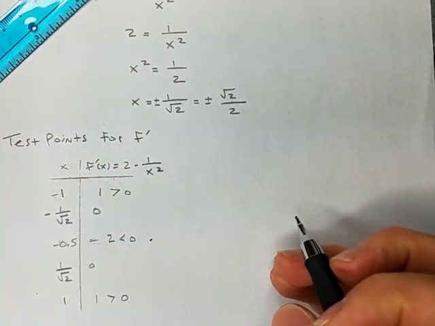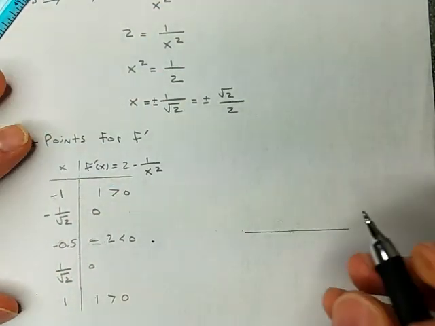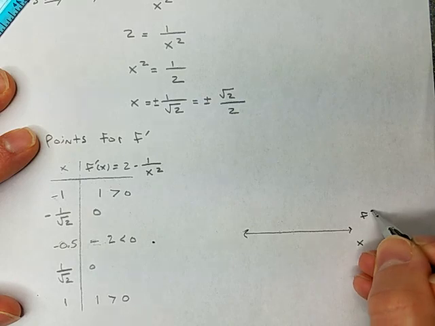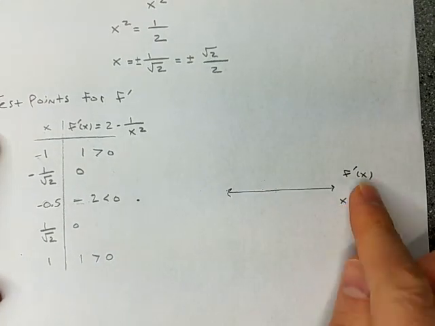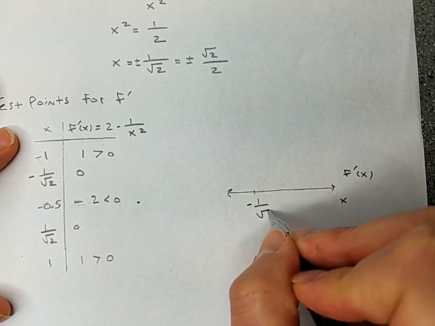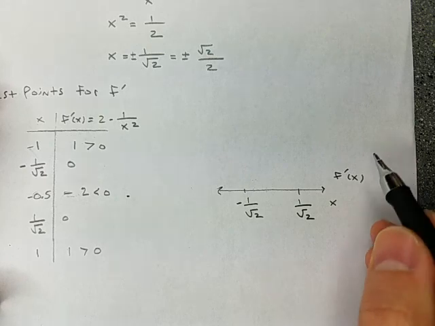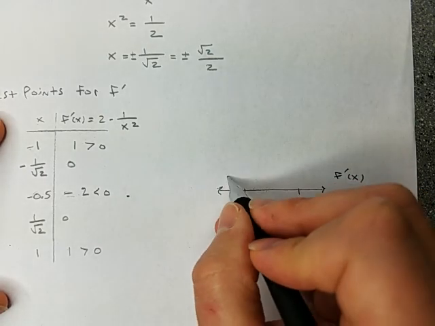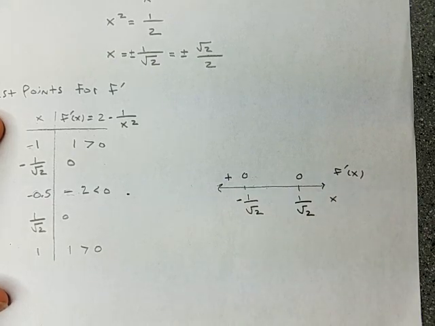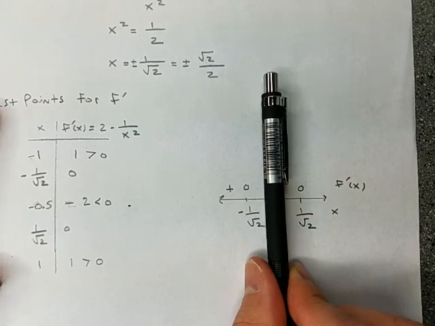So let's look at our table. So here's f prime versus x. And here's my critical numbers. Negative 1 over root 2, 1 over root 2. And I found out that it's plus here, 0 and 0 here and there. It has an asymptote in the middle, right?